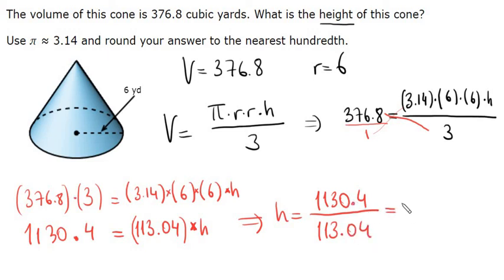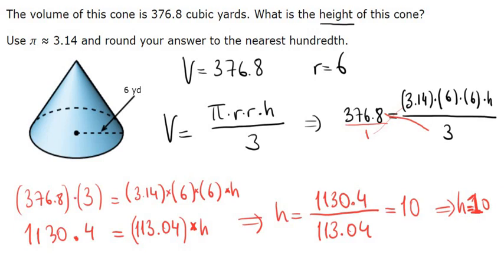So that's going to be 10. You can also use your calculator, but as you can see, the numerator is 10 times the denominator, so height is going to be 10 yards in this example.